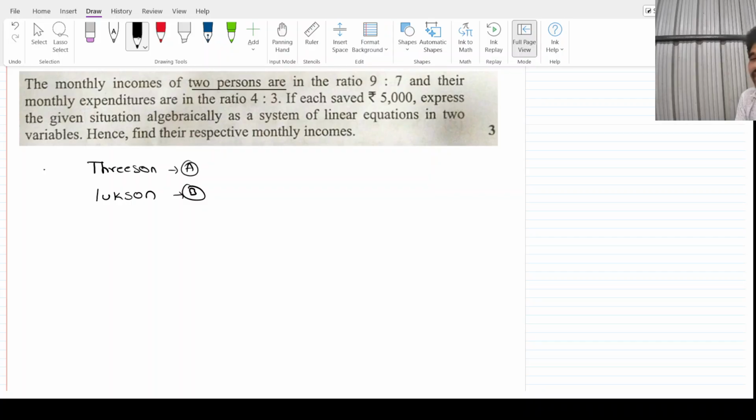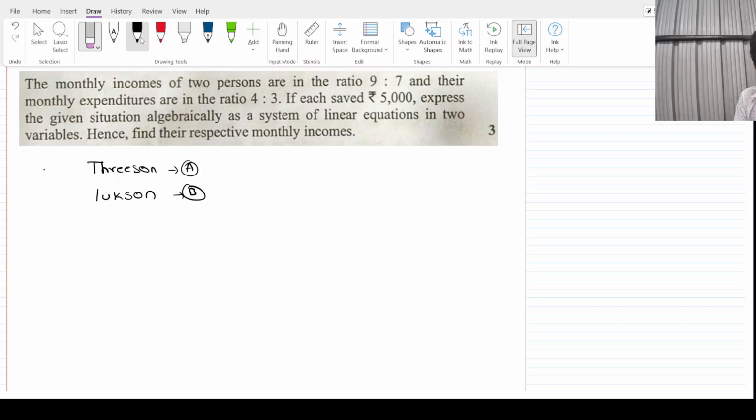Clear? Their incomes are in the ratio 9:7, correct? And their monthly expenditure is 4:3. If each saved 5,000, express the given equation algebraically and solve.